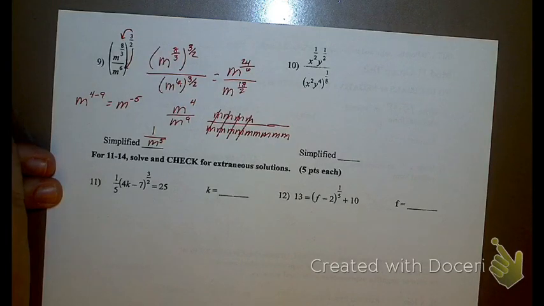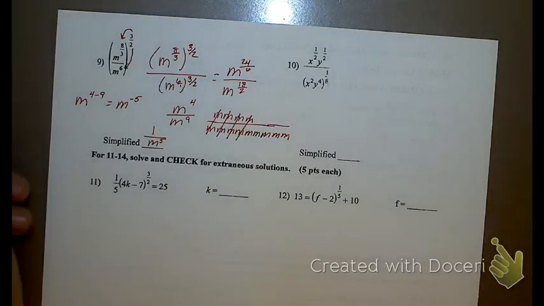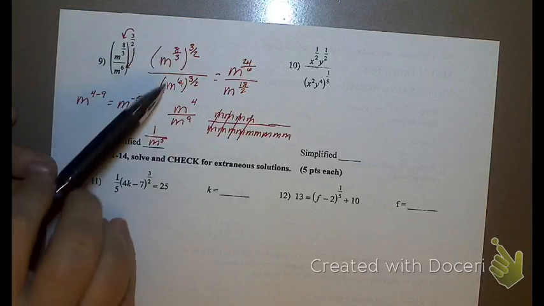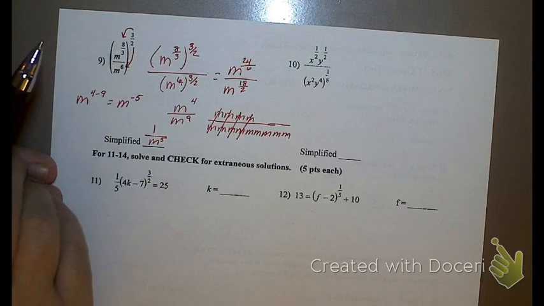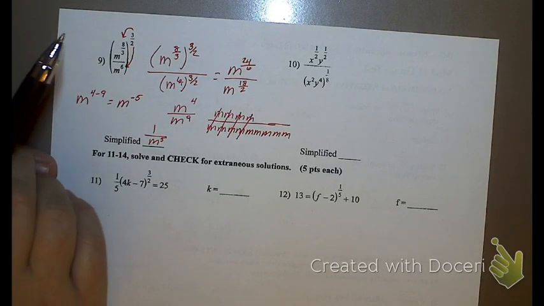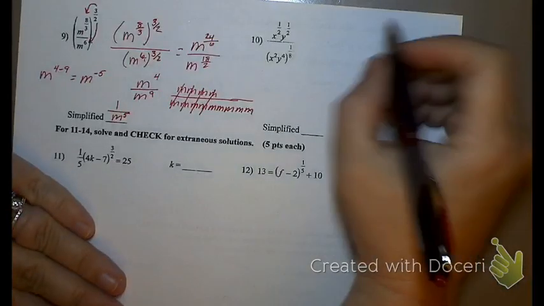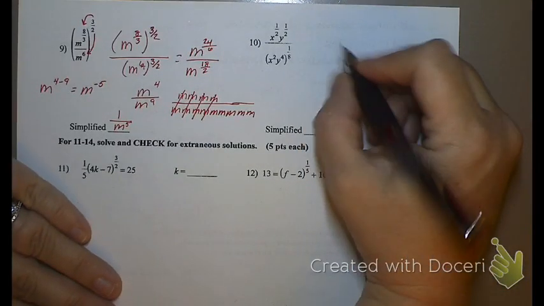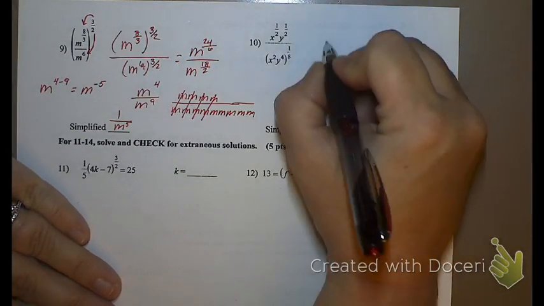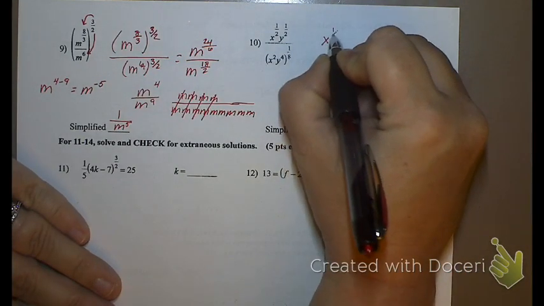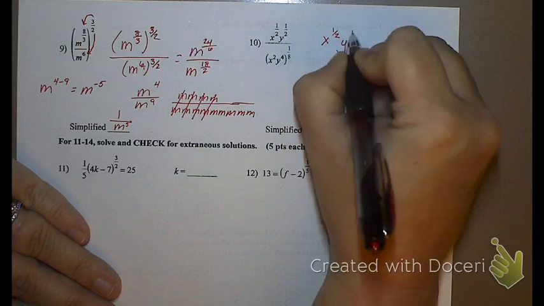Questions there? Okay, you should never have an answer where you have two bases that match in it. Okay, because you can use exponent rules to combine whatever those bases are. All right. This one looks like I have something to do on the bottom, but not on the top. So I'm going to leave the top as it is for right now. X to the 1/2, y to the 1/2.